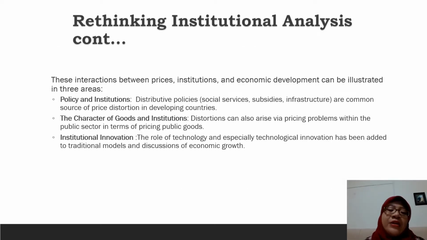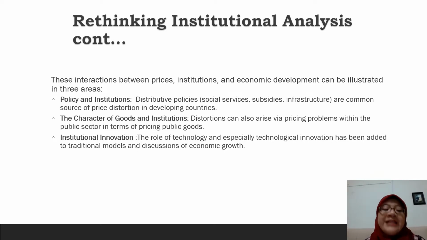So the interaction between price, institutions, and economic development, as part of the bureaucracy system on the public or on ownership, will be illustrated in three areas. The first one is policy and institutions. The second one, characteristics of goods and institutions.